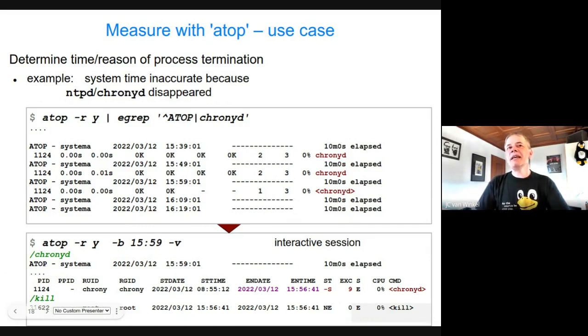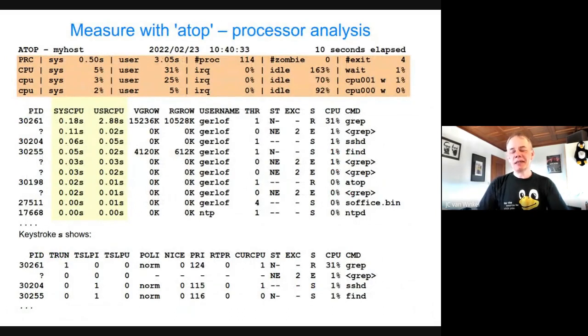Okay, let's take a look at the other things that Atop is keeping track of. This is process analysis. What we see here is the system level of Atop. We see that 0.5 seconds of system time has been used, 3.05 seconds user time, sorry. 114 processes are running, 0 zombies, and we've had 4 exits.